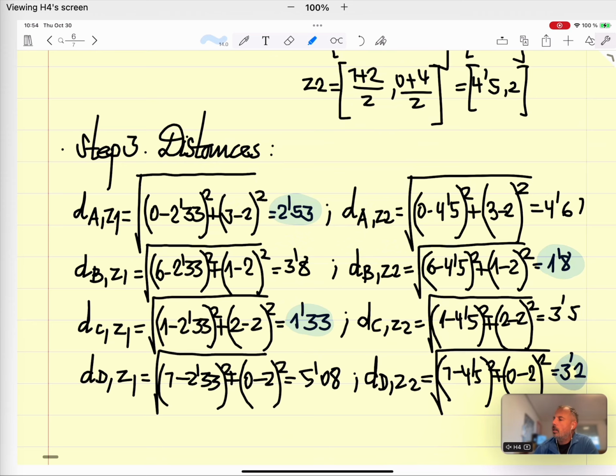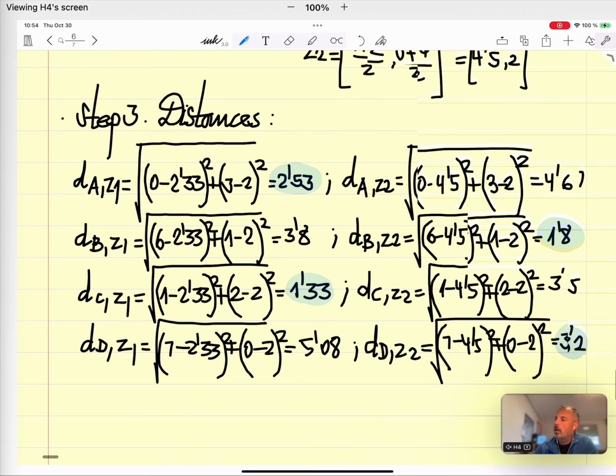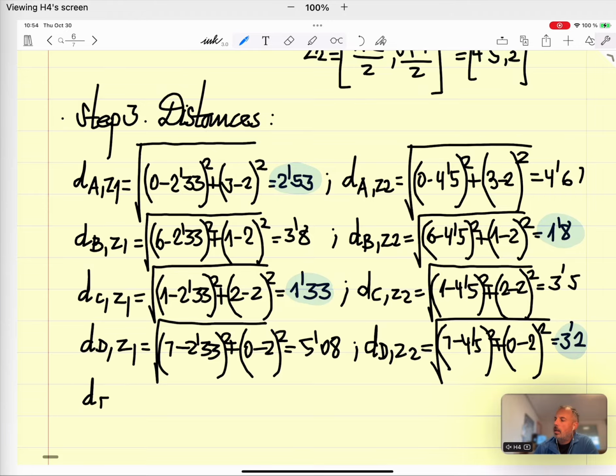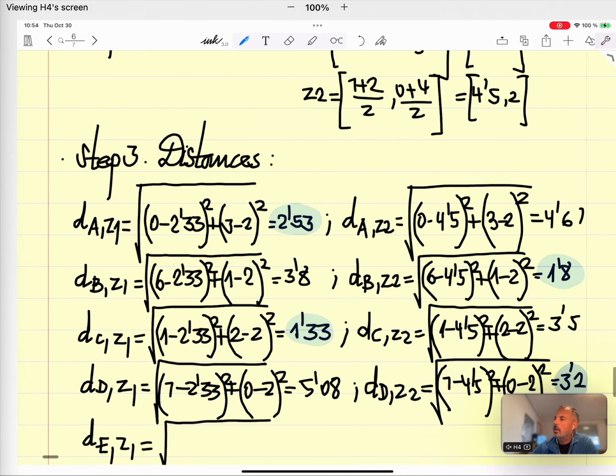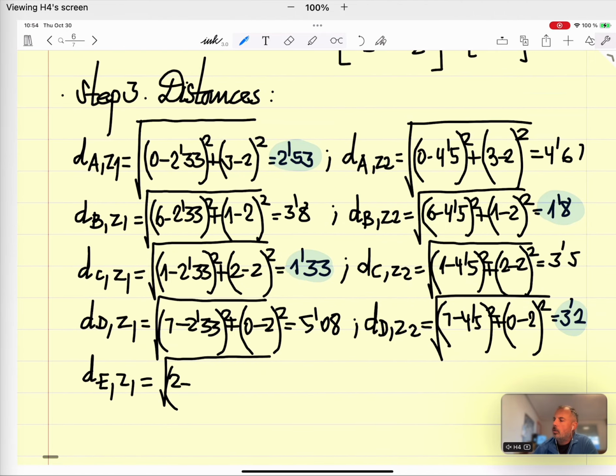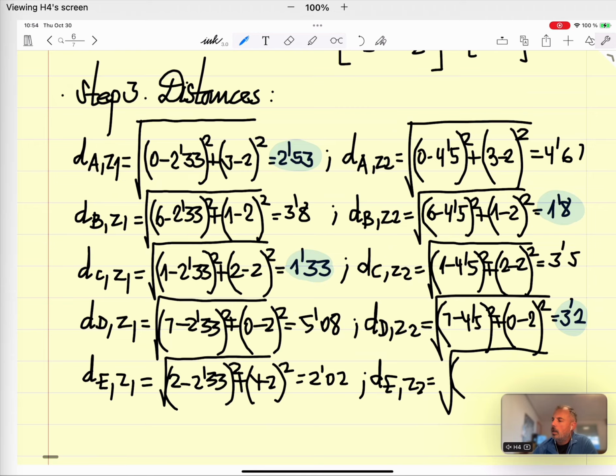So D belongs to the second group. And then E is going to be 2, 4. So 2 minus 2.33 squared plus 4 minus 2 squared. This yields 2.2, and then E to Z2 equals 2 minus 4.5 squared plus 4 minus 2 squared, which is bigger, 3.2. So E belongs to the first group.